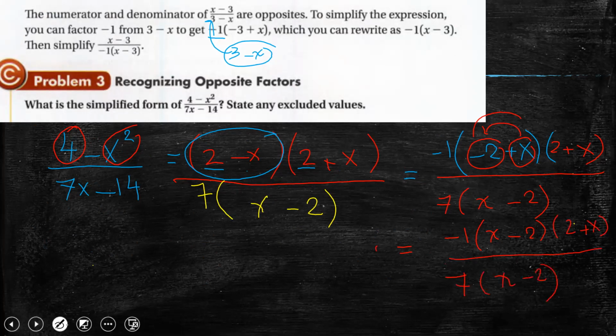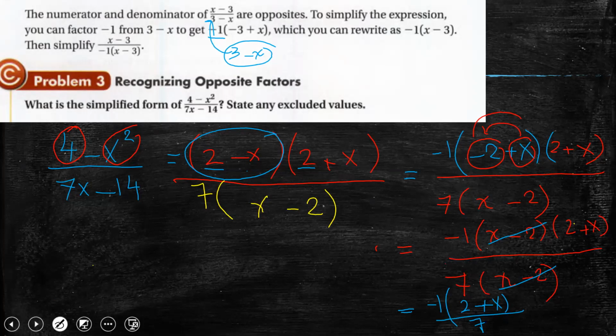Now, when you simplify it, after they cancel each other, you will have negative 1 times 2 plus x over 7. Is it clear?